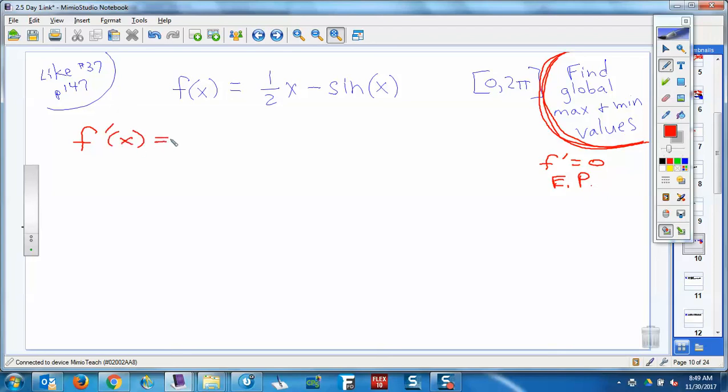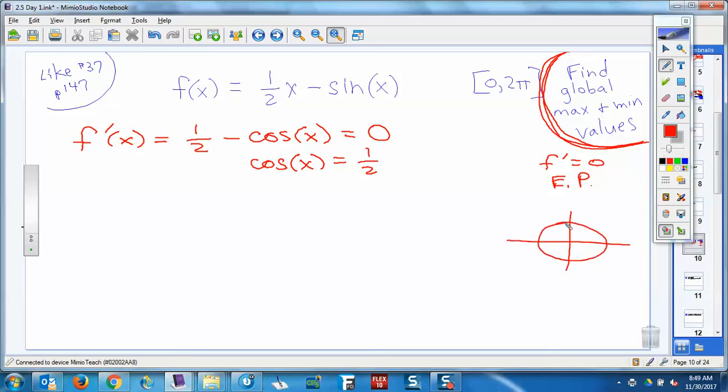So what's my derivative? 1/2 minus cosine x equals 0. So subtract 1/2, divide by negative, I get cosine x equals 1/2, right? Where does cosine equal 1/2?